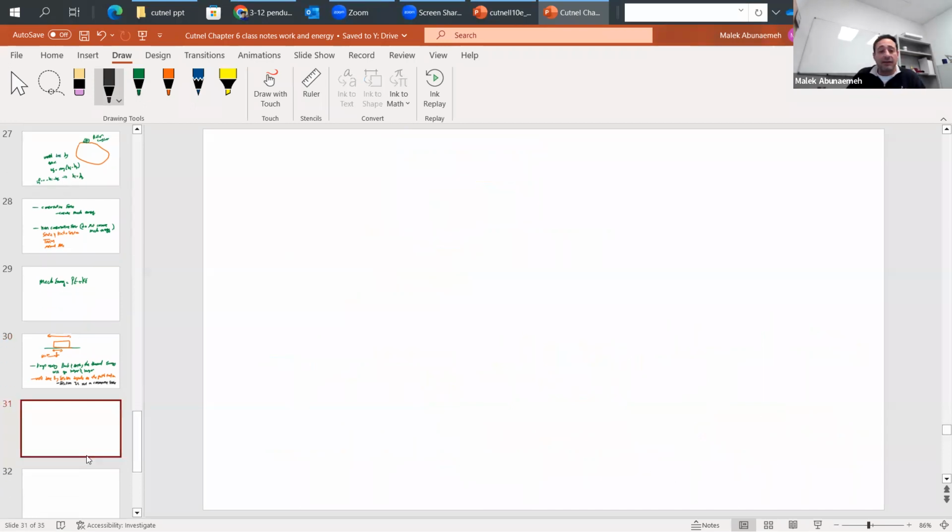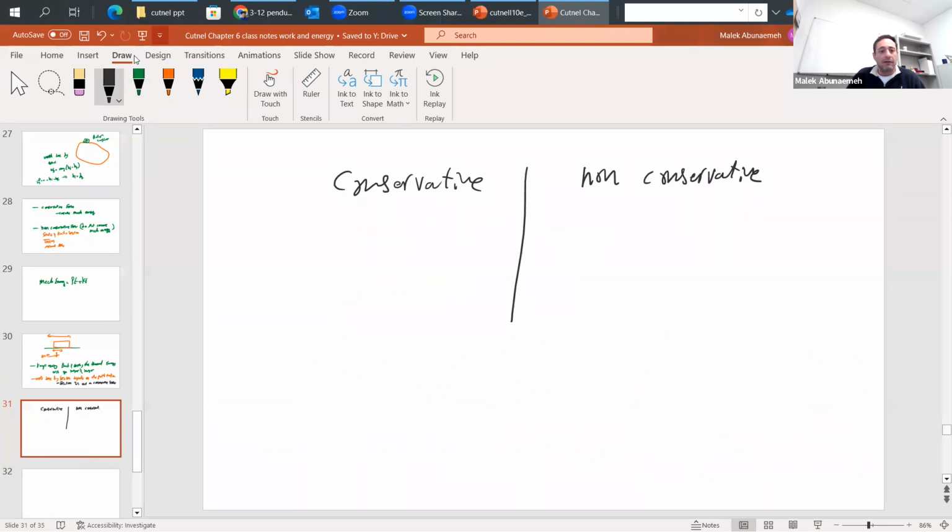So when you talk about conservative and non-conservative, if you have a gravitational force, you get a gravitational potential energy.